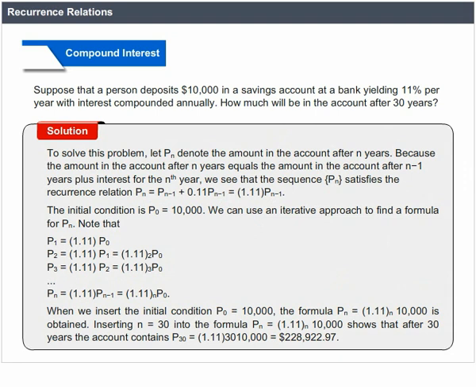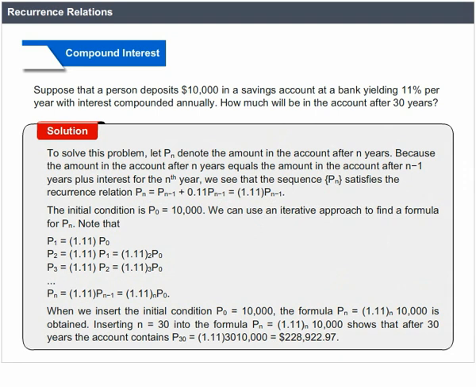We can use an iterative approach to find a formula for P_n. Note that P_1 = 1.11 P_0, P_2 = 1.11 P_1 = 1.11^2 P_0, P_3 = 1.11 P_2 = 1.11^3 P_0, etc. P_n = 1.11 P_(n-1) = 1.11^n P_0. When we insert the initial condition P_0 = 10,000, the formula P_n = 1.11^n × 10,000 is obtained.